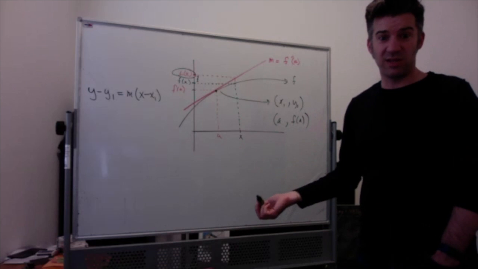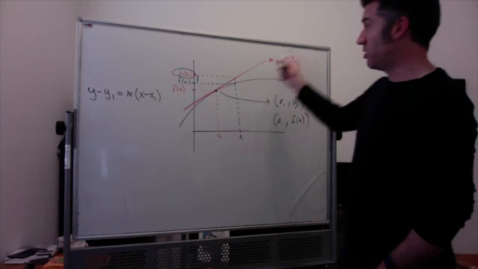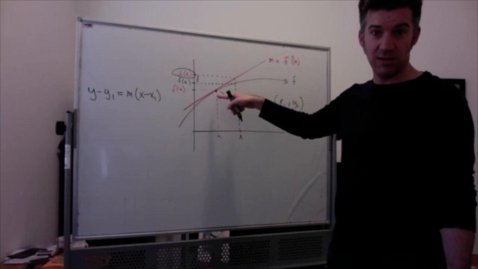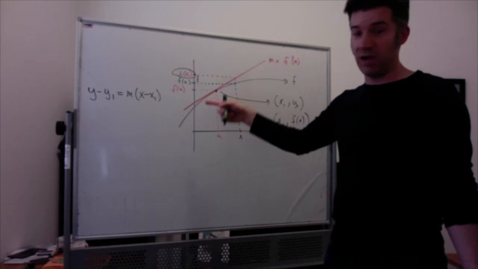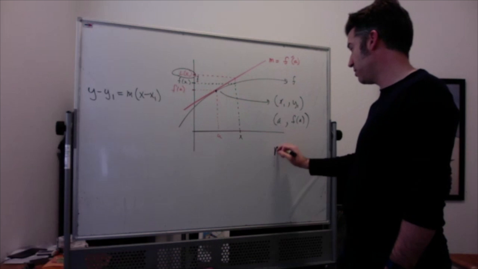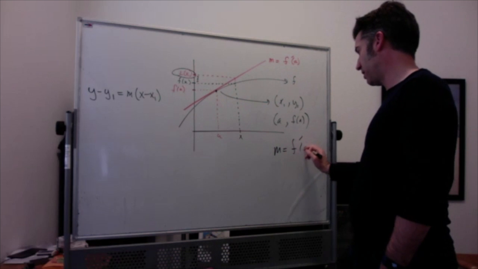And instead of calling the slope m, well, we know that we can find the slope of a tangent line by finding the derivative at the point of tangency. Well, the derivative there is f prime evaluated at the point a. So our m is f prime of a.